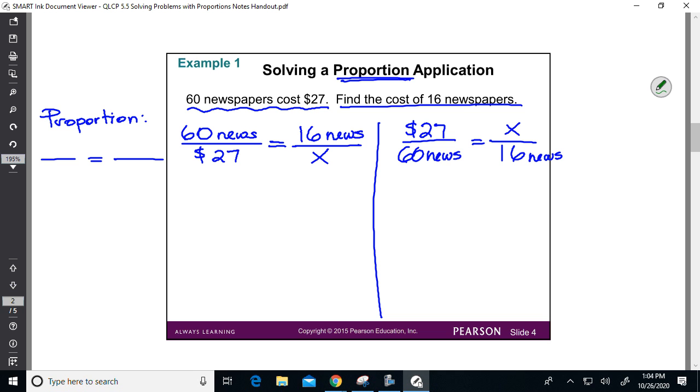But once you set it up, you solve it the way that we did with our problem last week. 16 and 27, 16 and x. So we cross multiply. So I'm just going to write the numbers and not leave the words out. 60 gets multiplied times x. 27 gets multiplied times 16.